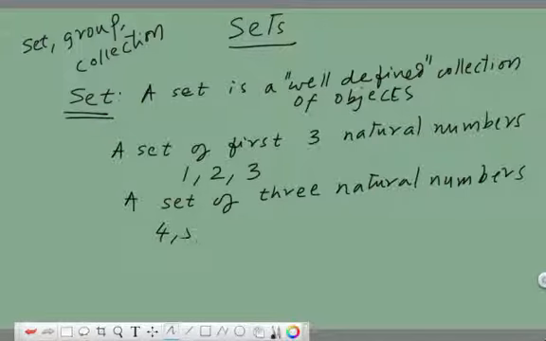It could be 4, 5, 6, or 7, 8, 9, or 11, 15, 17. So this is not a well defined set because the definition says it's a set of three natural numbers and that can have different permutations of numbers. So that's not a set. Whereas the first one is a well defined set.